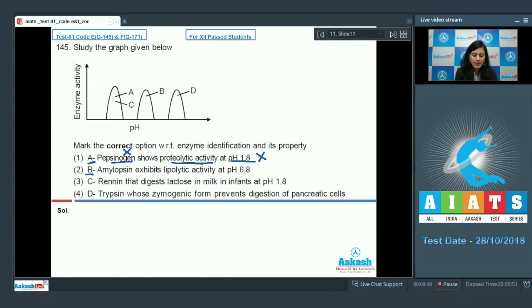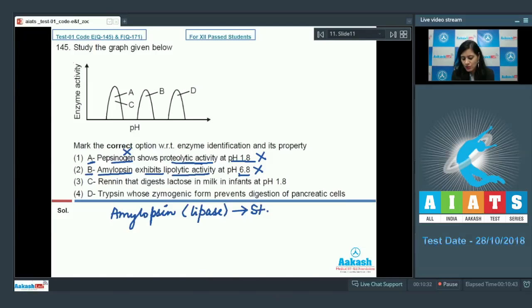Option number 2 is B. Amylopsin exhibits lipolytic activity at pH 6.8, and this is also incorrect option because amylopsin, or pancreatic lipase, will act on starch at an optimum pH 7.1 to 8.3.